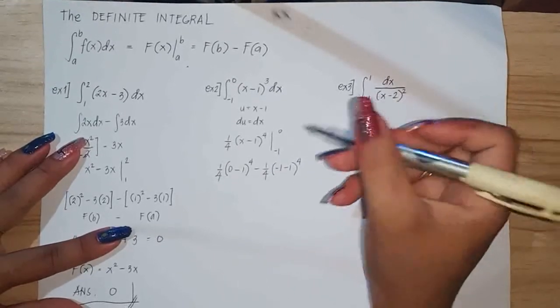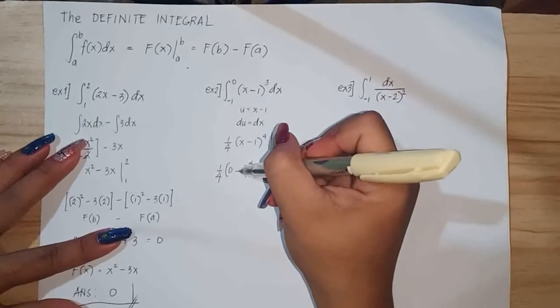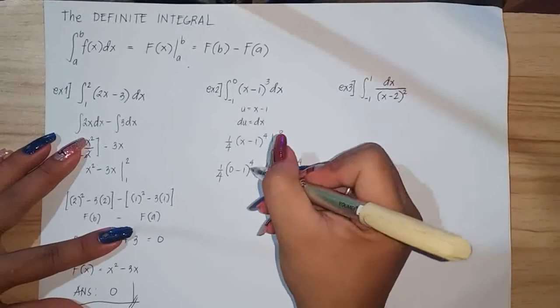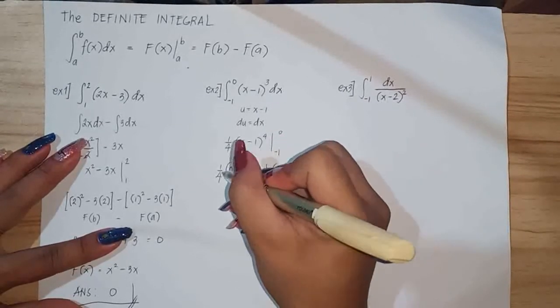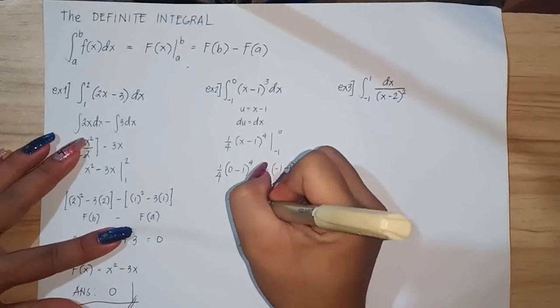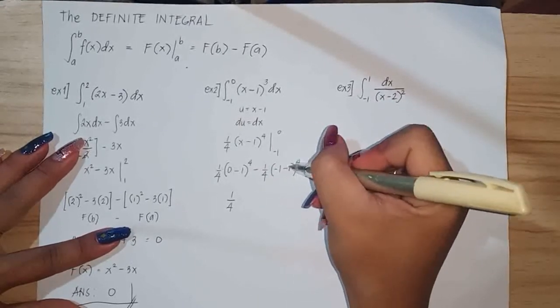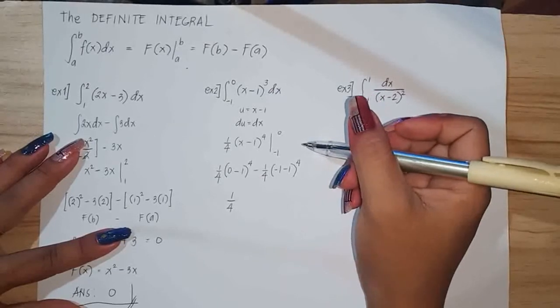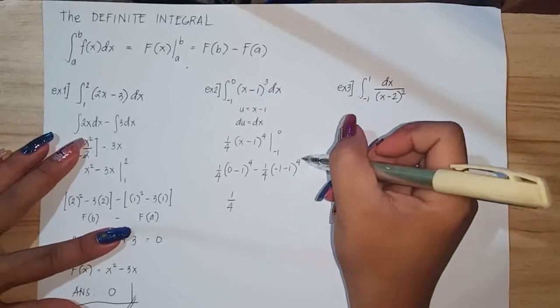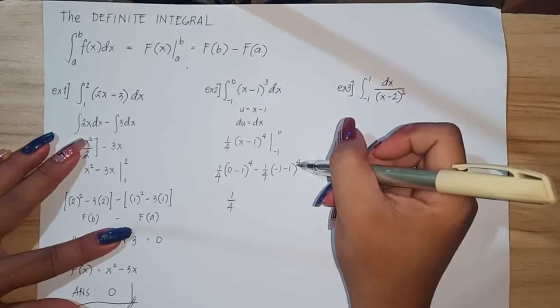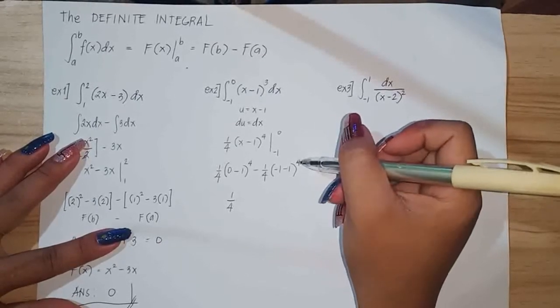So evaluating these values, -1 raised to 4 gives +1, multiplied by 1/4, so you will now have 1/4. Then for this one, -1 minus 1 is -2, raised to 4, that's 2 times 2 times 2 times 2. So 2 times 2 is 4, times 2 is 8, times 2 is 16.